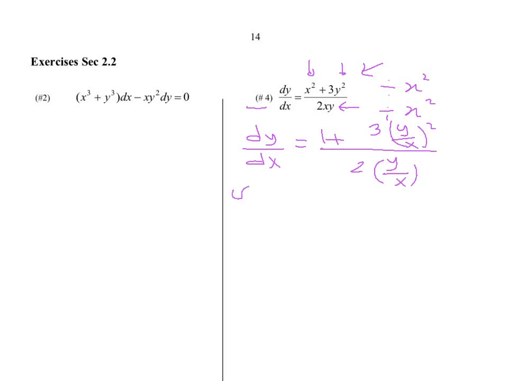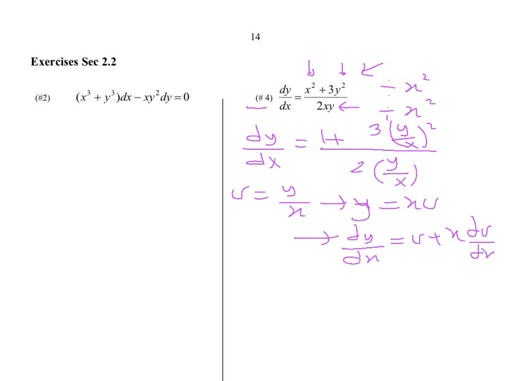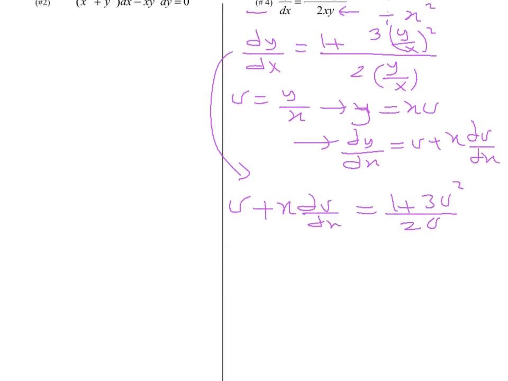Now we are going to let v equal y over x, so y is equal to xv. So dy/dx is equal to v plus x dv/dx. Now substitute in the differential equation. So you have v plus x dv/dx equal to 1 plus 3v squared divided by 2v.